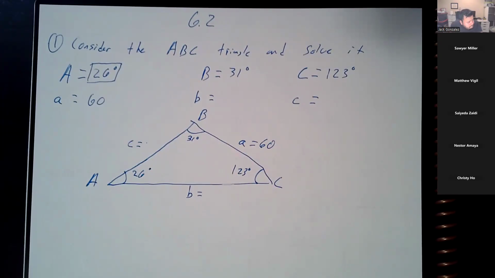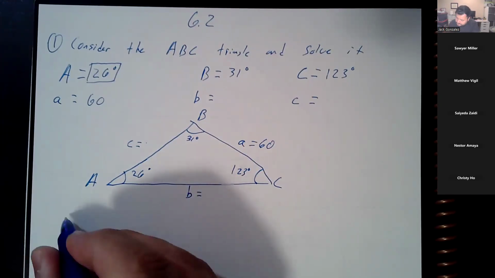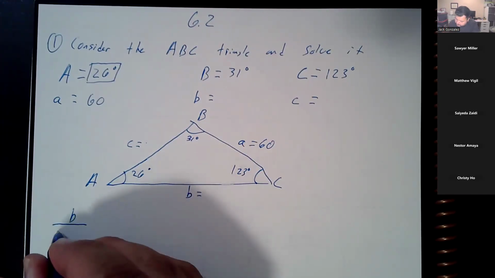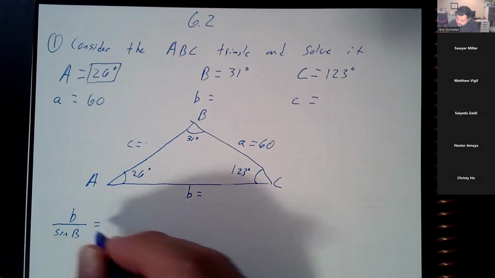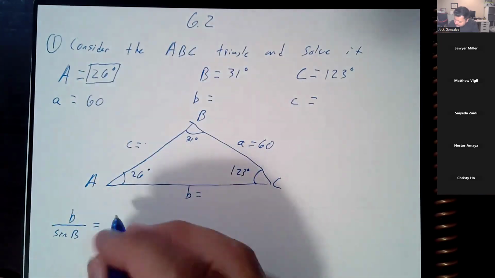Okay, now that I have that, I can use the formulas or I can set them up to solve for B and C. So what I'm gonna do is purposely use this one and set it equal to the A because it has both.